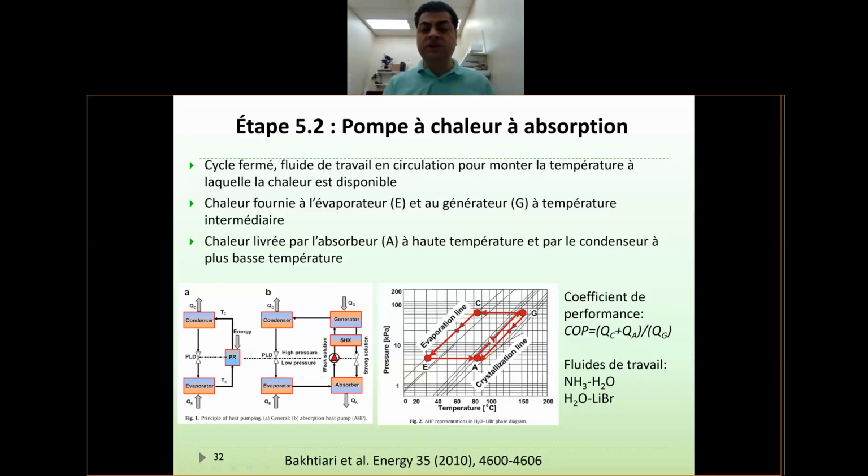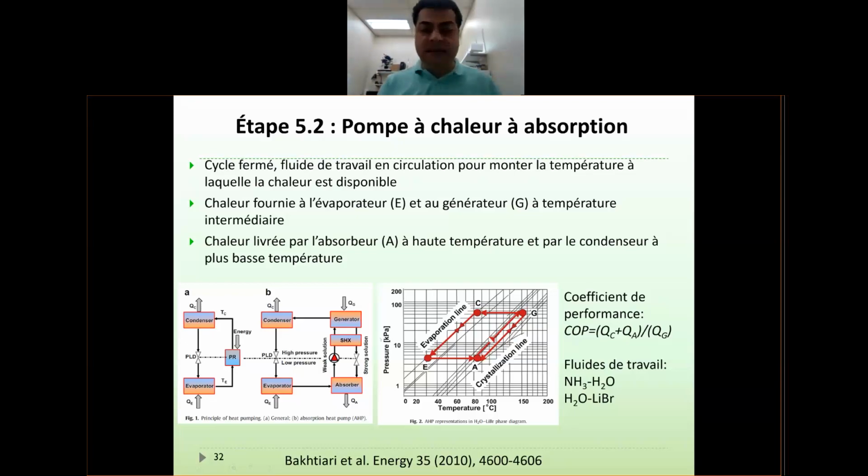Usually in absorption heat pumps, we have this kind of binary working fluid, so that one of the ingredients is more volatile than the other one. For example, in the case of ammonia and water, ammonia is more volatile than water. So one fluid is more volatile and the other fluid is called the solvent here.